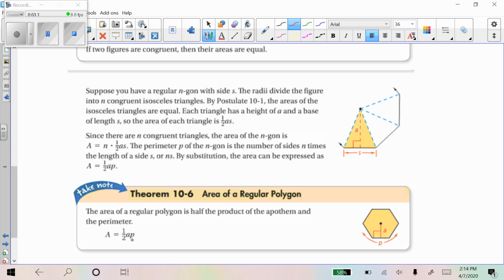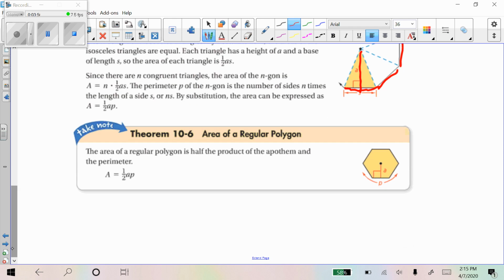But basically, if we take the apothem as the height of one of those triangles, and we multiply that by the base of one of those triangles, that would give us the area of one of those triangles. If we multiplied by all the bases, that would give us all the triangles. And since triangles, you have to take half of the base times the height. That's where the half comes from. So that's our formula.